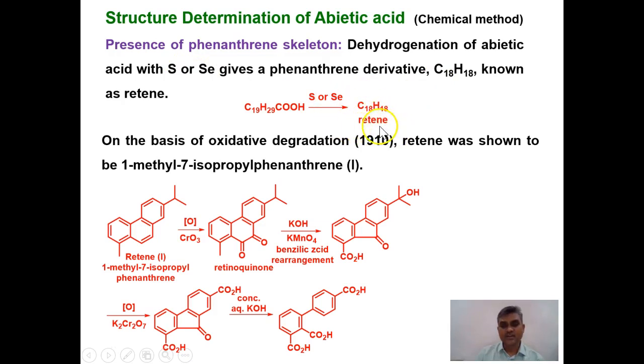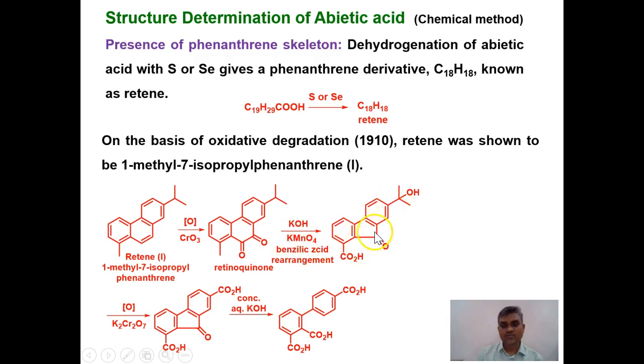The structure of retene was proved on the basis of an oxidative degradation sequence. Another proof for the structure of 1-methyl-7-isopropylphenanthrene comes from its synthesis using Haworth methodology. In the oxidative degradation experiment for the structure determination of retene, we came across a 1,2-diketone, and this 1,2-diketone undergoes benzilic acid rearrangement in the presence of KOH, followed by decarboxylation.